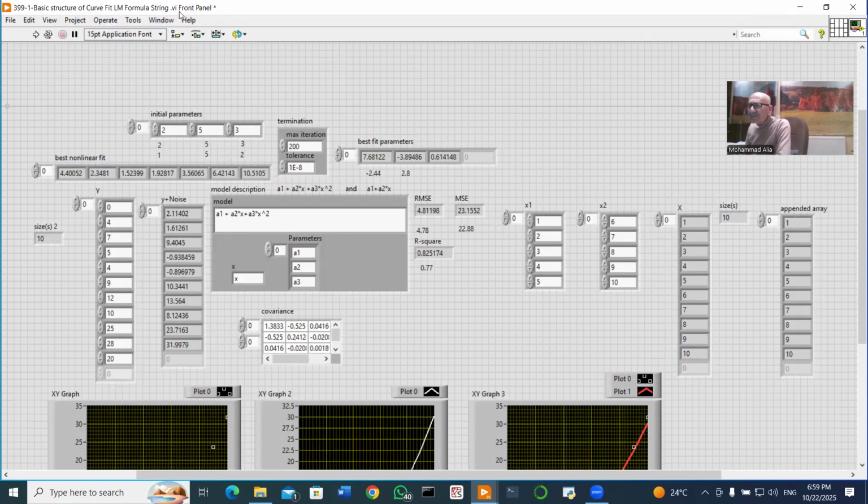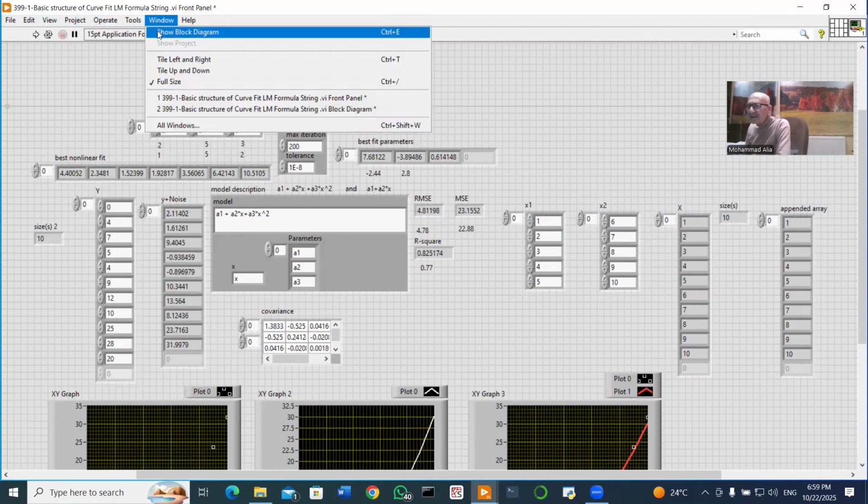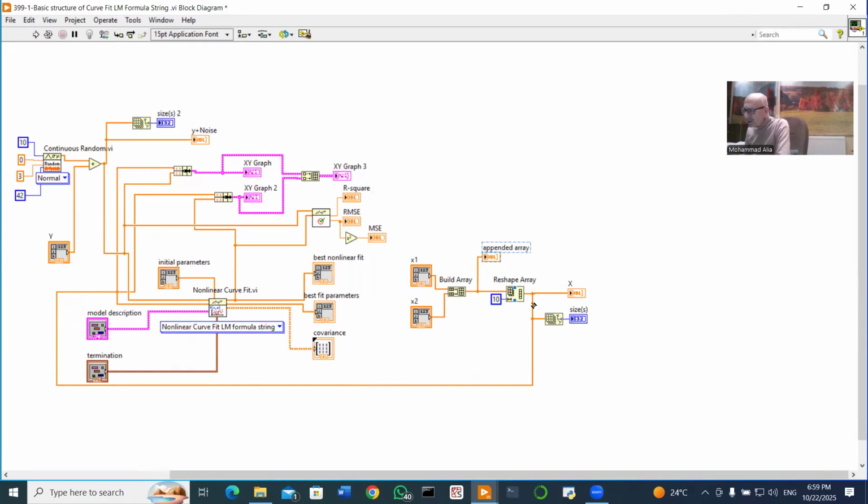So now we have appended the arrays, and this appended value is going to be fed to the function. We go here, and now it is fed as x to the nonlinear curve fit VI. The other thing which we have to do is to generate a set of data which represents the y.